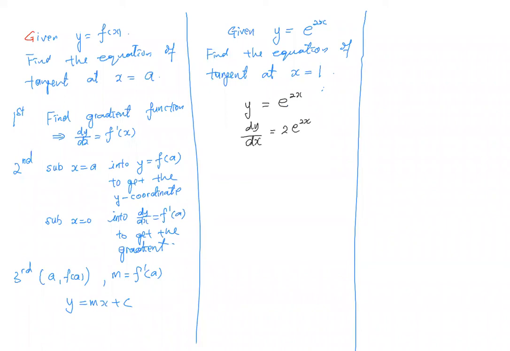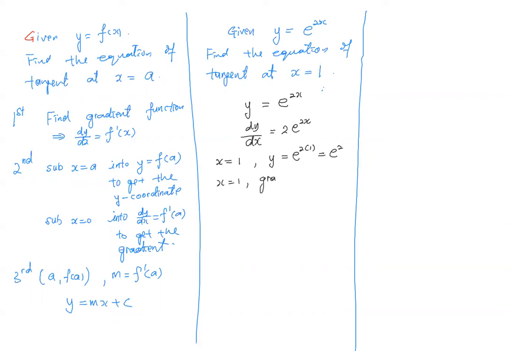So I finish my first step. So my second step, I put x equal to 1. So my y will be equal to e to the power of 2 times 1, which is e squared.